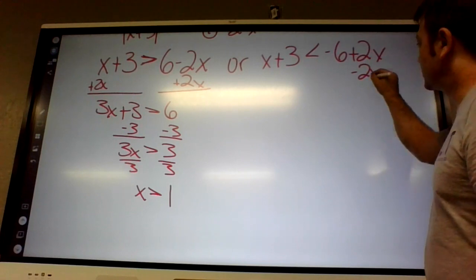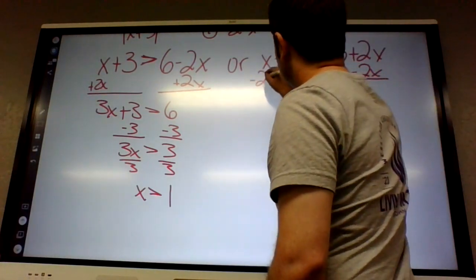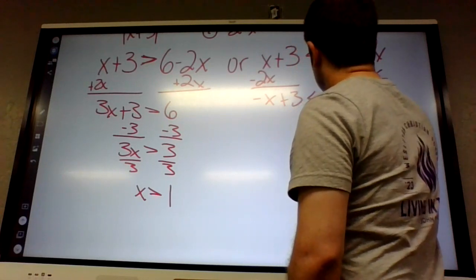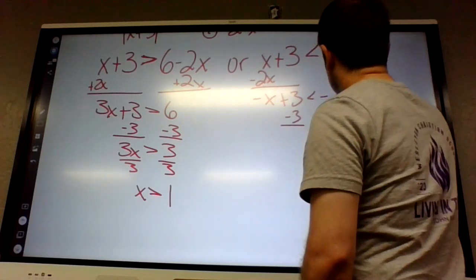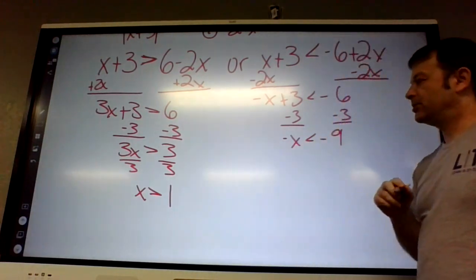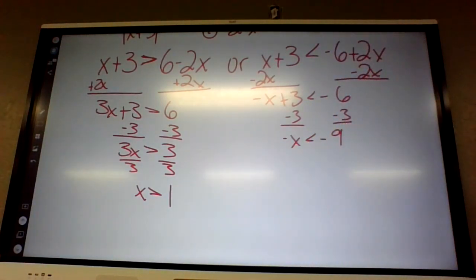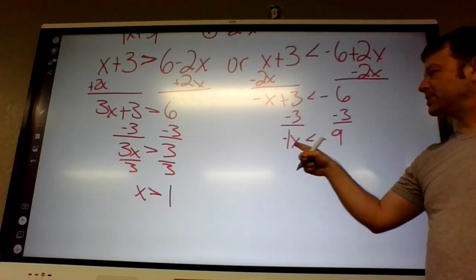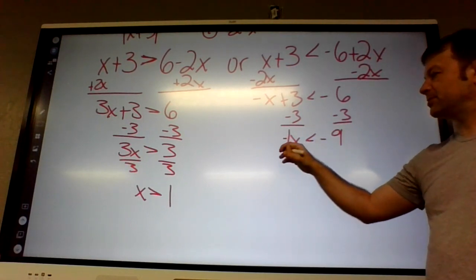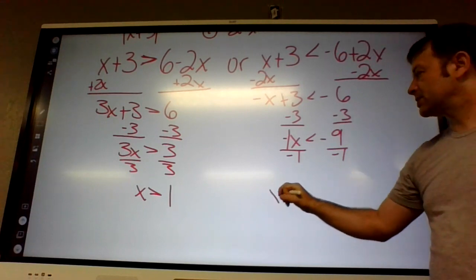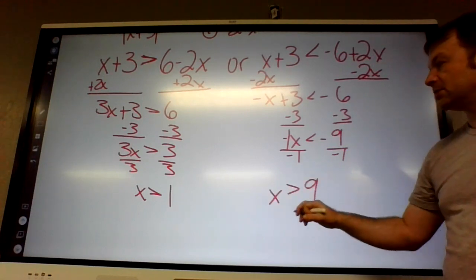I'll subtract 2x on this one. And then what do I do at that point? It's basically negative 1 right there, so I'm going to divide by negative 1. So x is greater than 9.